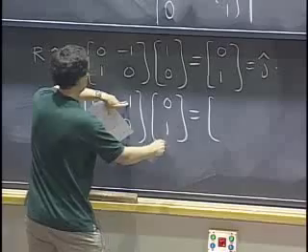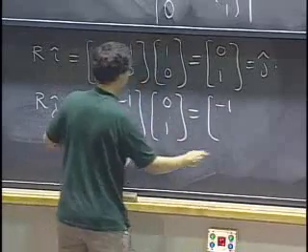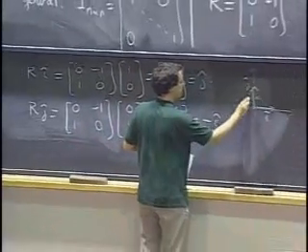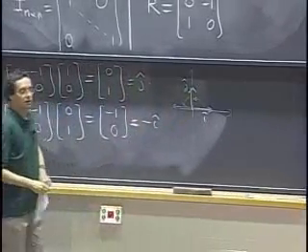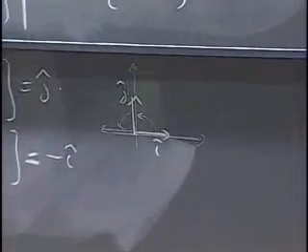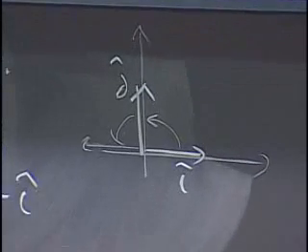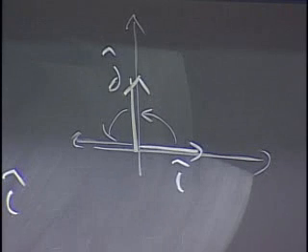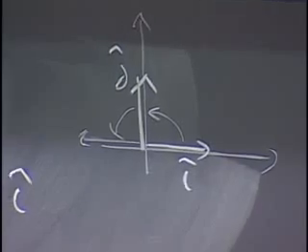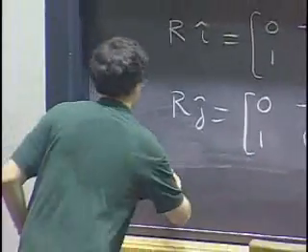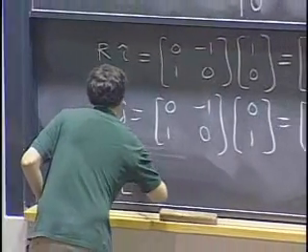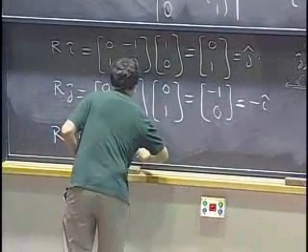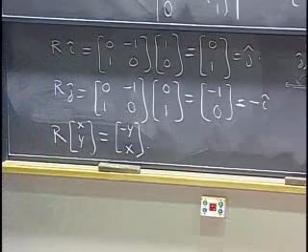Well, you get negative 1, and then you get 0. So that's minus i hat. So j hat is sent towards here. And in general, if you apply it to a vector with components x, y, then you will get back minus y, x, which is the formula we've seen for rotating a vector by 90 degrees. So it seems to do what we want.